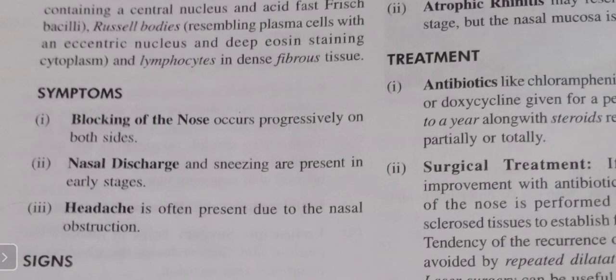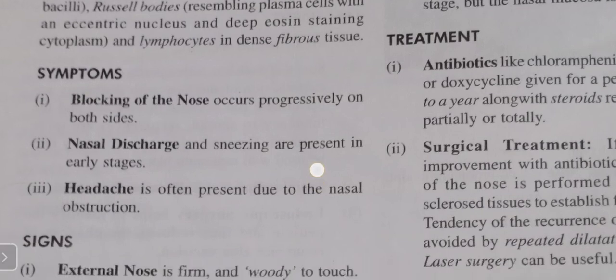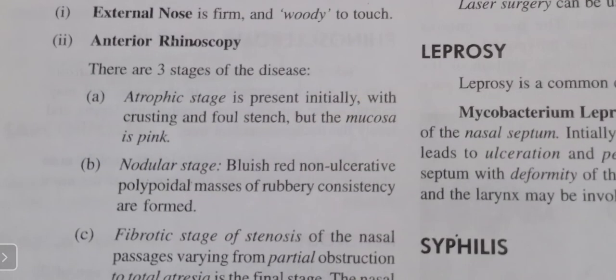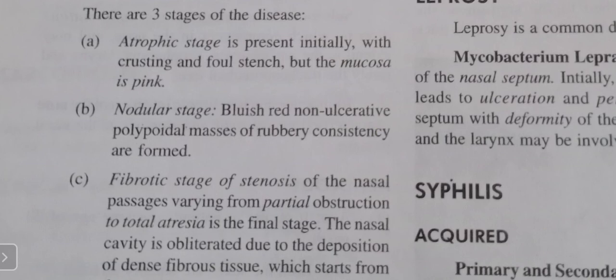And when you do anterior rhinoscopy, there are three stages of the disease you can see. First stage is the atrophic stage. It is present initially, and there will be crusting, foul smelling discharge from the nose, and the mucosa is pink.